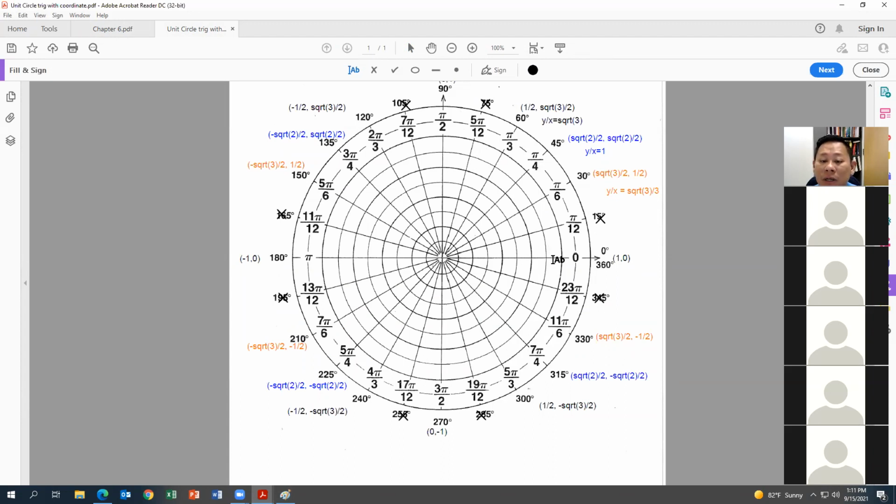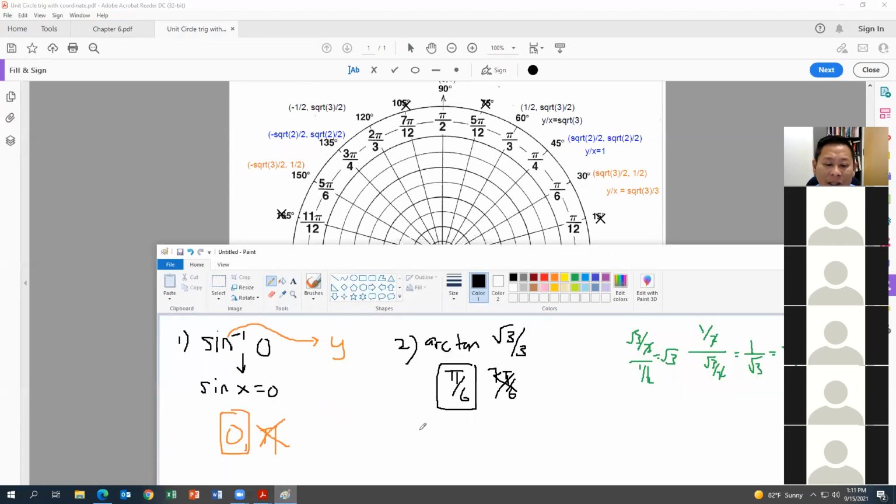For cosine, if you do the inverse, we do 1 and 2. So this is positive, and then those are negative. And we will use back the same radians here for quadrant 2. Only in quadrant 4, you go negative. Okay, just change this to negative pi over 6, pi over 4, and pi over 3. So this is kind of the quickest way I can teach you how to read using the unit circle.